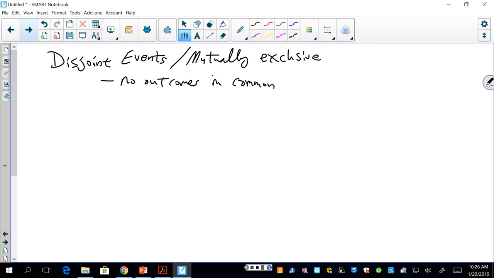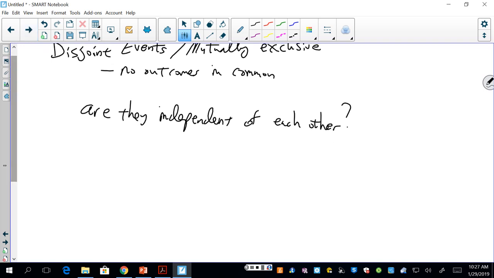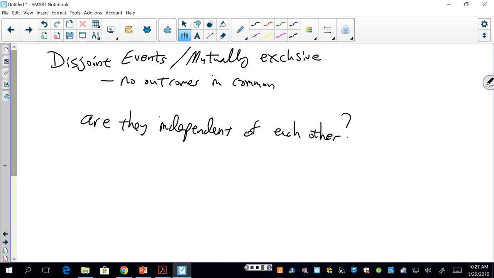And so if things are mutually exclusive, are they independent of one another? If things are disjoint, they would be things that just don't have any outcomes in common.